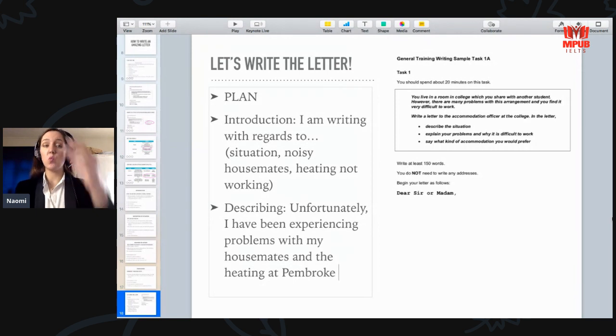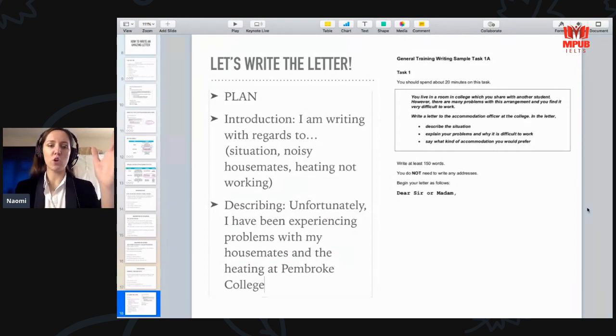So here, what did we say in the description? We said be specific. So, of course, I have to make it up. This is not true. But in college, it says, so I'm making it up, it's called Pembroke College. Let's say flat 2. Okay, specific.